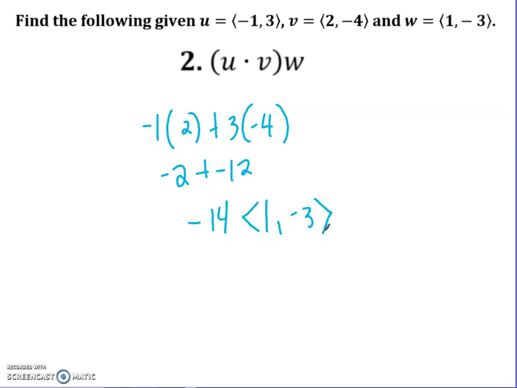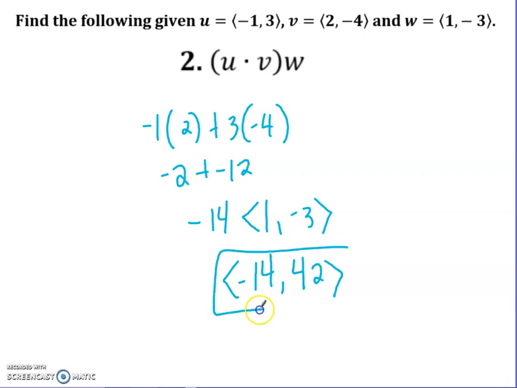Then we are multiplying that into 1 comma negative 3. So we have negative 14, and negative 14 times negative 3 will give me a positive 42. Okay, so we're taking the dot product, finding one value, and then multiplying that in by w.